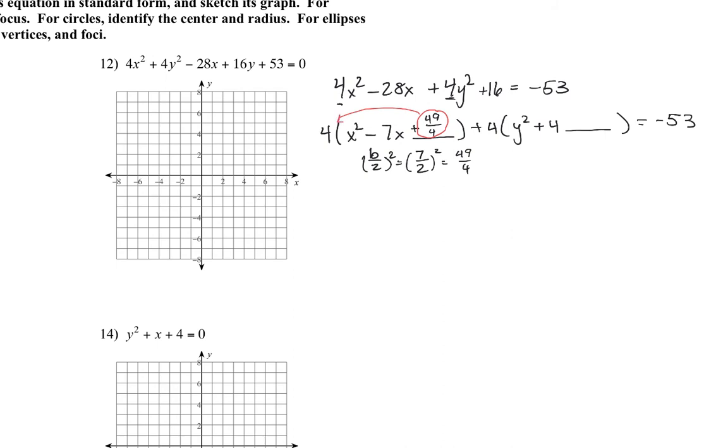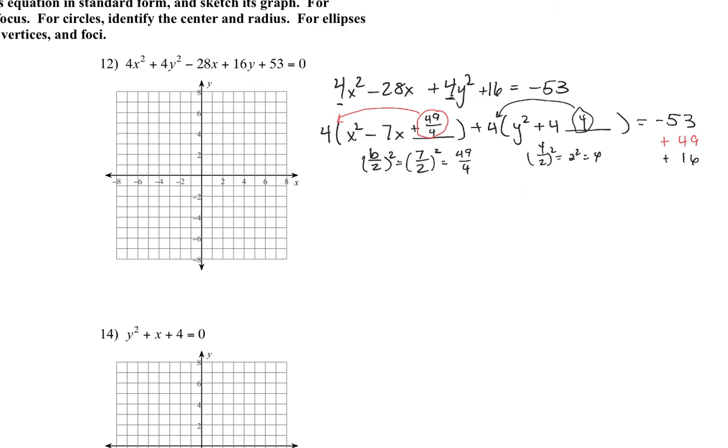This is nice because the 4s are going to cancel out, and I'll end up getting plus 49 all by itself on that side. If we do this again, this one's going to be a lot easier. 4 over 2 squared, which is just 2 squared, which is 4. So we'll end up getting plus 4 here. That's really going to be just plus 16, because we had to multiply again 4 times the 4 out front to get the 16.